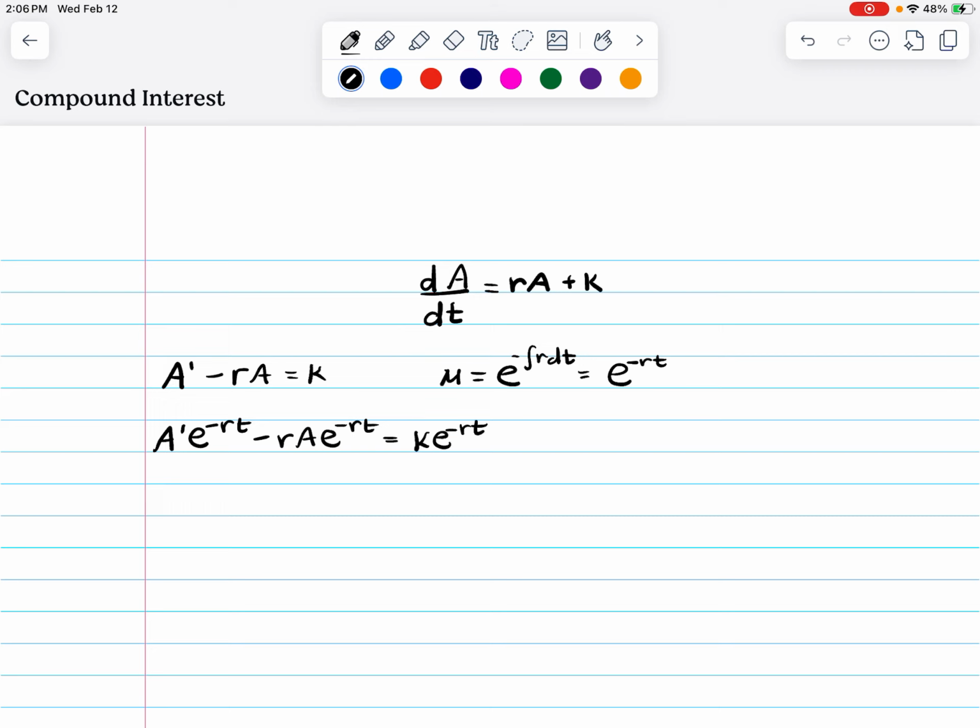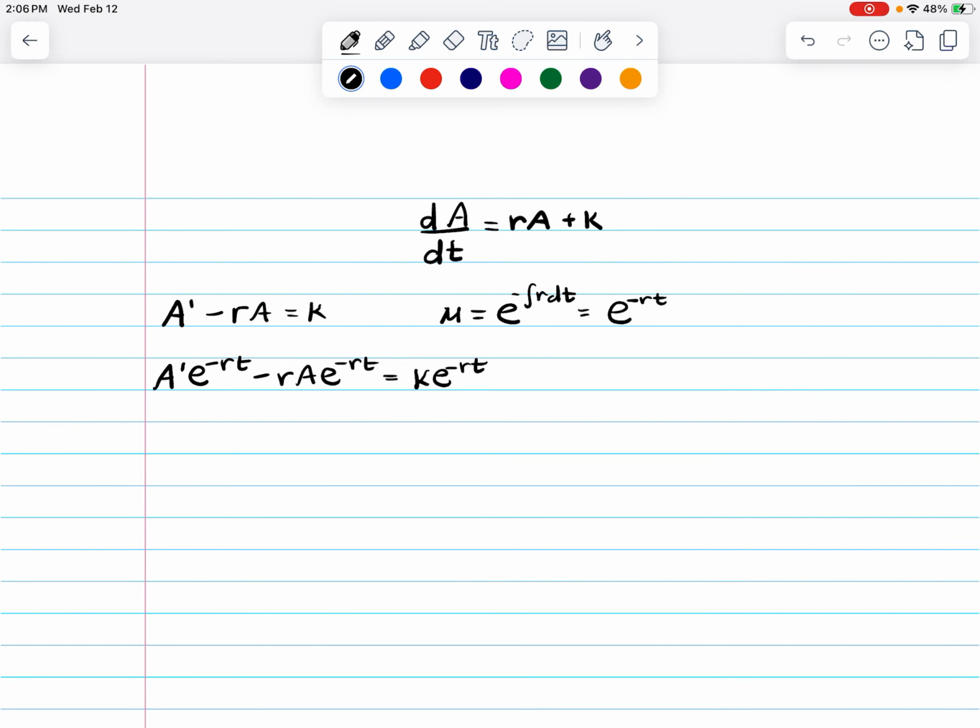You don't have to go through all these steps, of course, but now I can rewrite this left-hand side as d/dt of e to the negative rt A. Notice that is the left-hand side there, and over here, of course, we've just got K e to the negative rt.